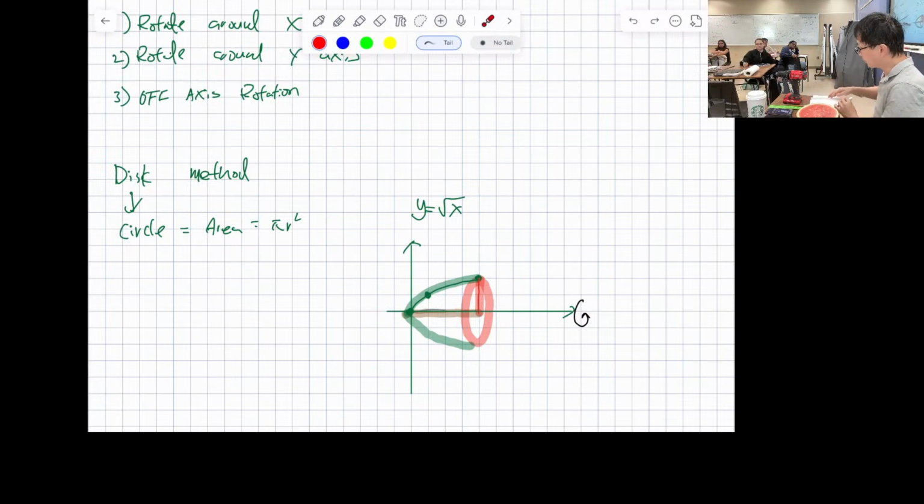There is a reason why I draw the outside boundary green and the inside boundary red. So to show you what it looks like, this is what I want you to see. Okay, so this is a disk.